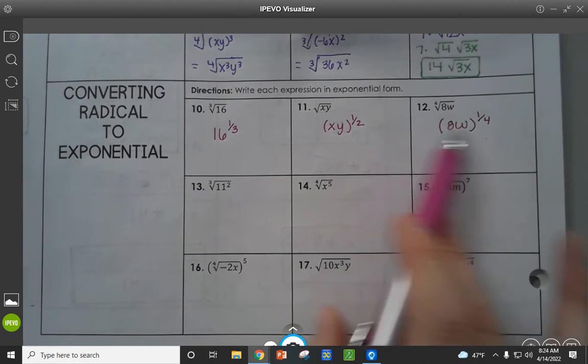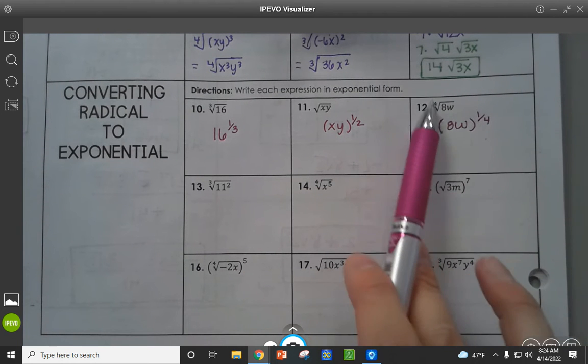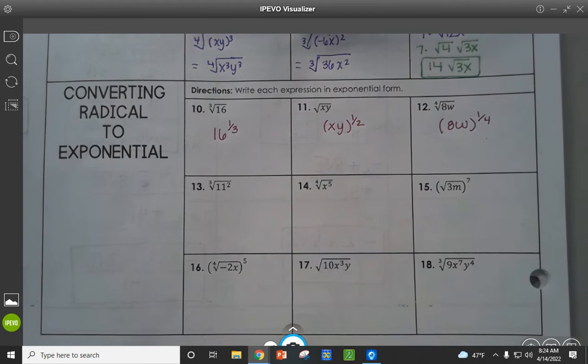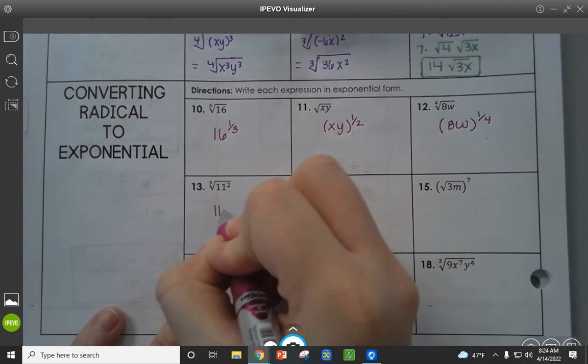Yep. Again, if you're not certain on your answer, type something in with this problem and type something in with the answer that you have written down to see if they have the same decimal value. Number 13. We would have what? 11 to the 2/3. Perfect. 11 to the 2/3.